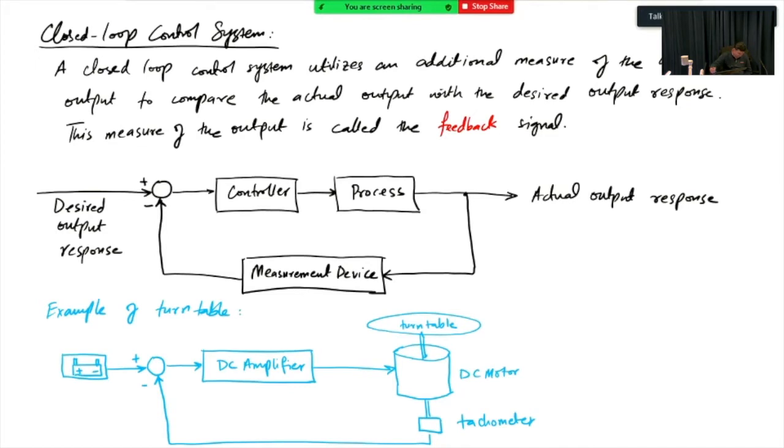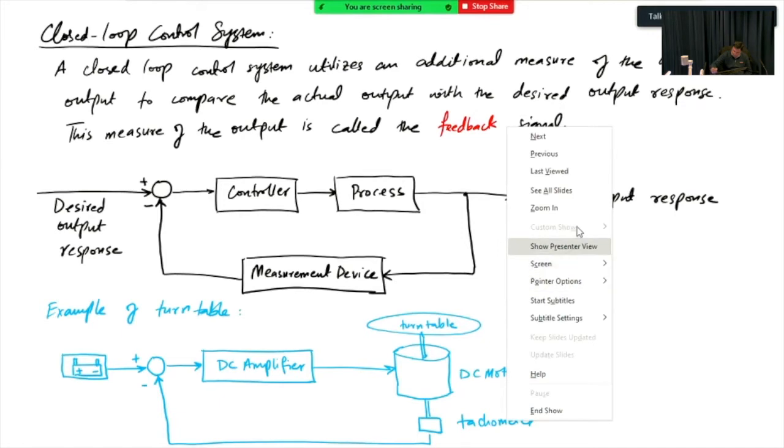Okay, so if you want to see what the block diagram is, it's going to be a desired speed that you want, so it's like your reference signal. Okay, so the reference signal is fed to the amplifier, and this goes to the DC motor.